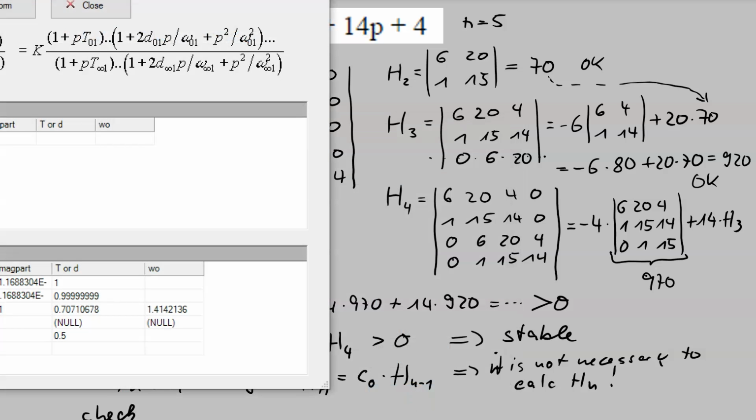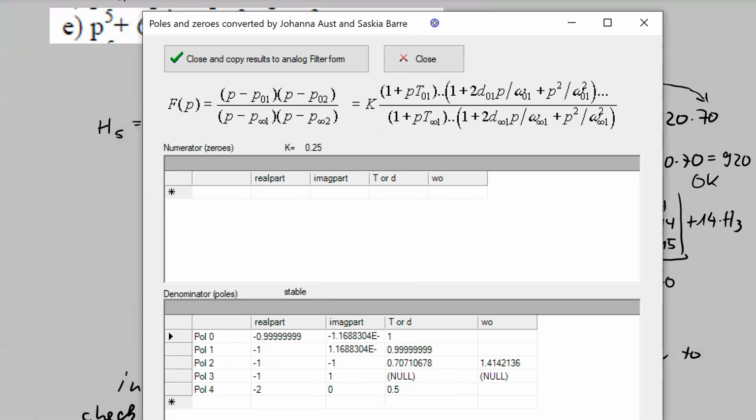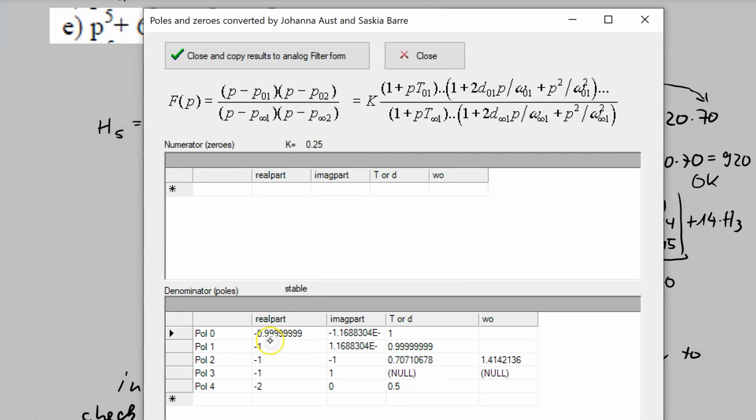I click on factorize, and then you see the poles. I have all negative real parts. The system says stable, independent of the imaginary part. We have a -1 for the real part. Here a real pole, a conjugate complex pole. This is 0. So there are 3 real poles and 1 conjugate complex pole. So this is the result.